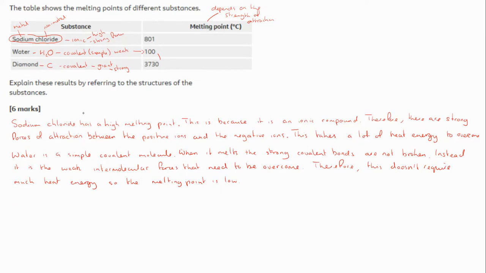Right, and then diamond is a giant covalent structure. What that means is that when you're melting it, every single covalent bond needs to be broken. Each carbon has 4 covalent bonds that need to be broken.